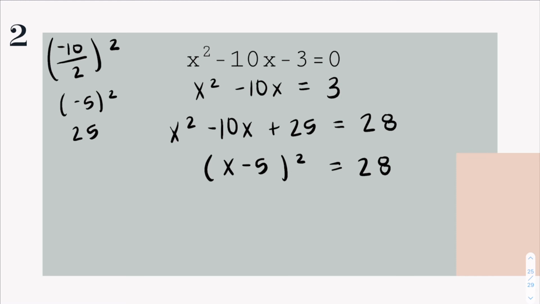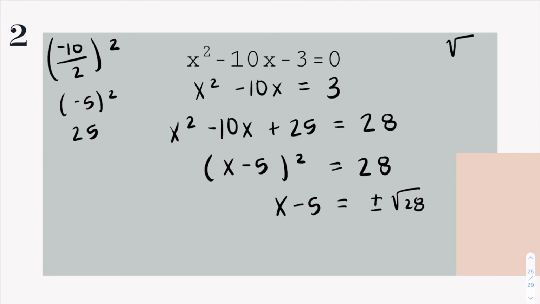Now that we're done with that process, we just use inverse operations to isolate x. So we start by taking the square root of both sides, get plus or minus the square root of 28. And then we know that the square root of 28 can be simplified.